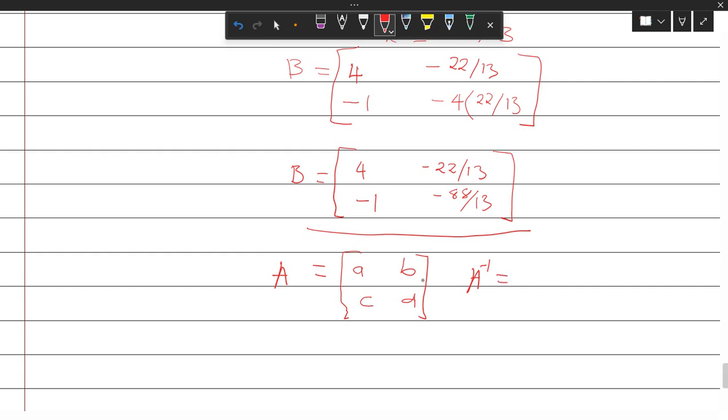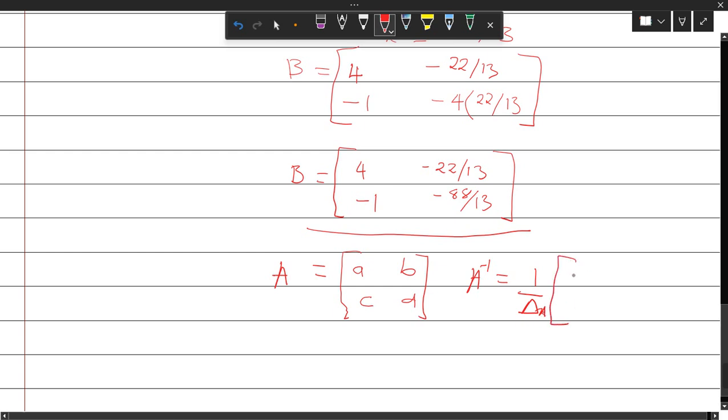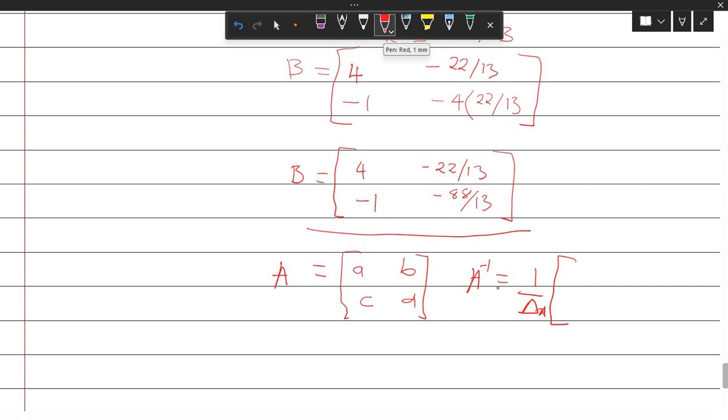First of all, we need to find the determinant, the way we determined the determinant on top. So the inverse is 1 over the determinant of A, then you open a bracket. The major diagonal is this one. You swap the positions of D and A, they alternate.